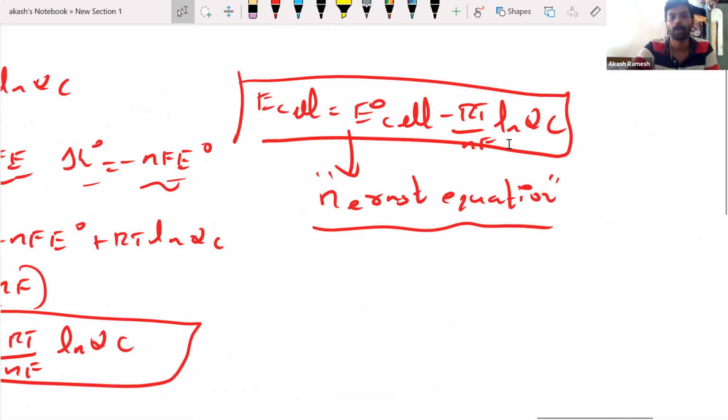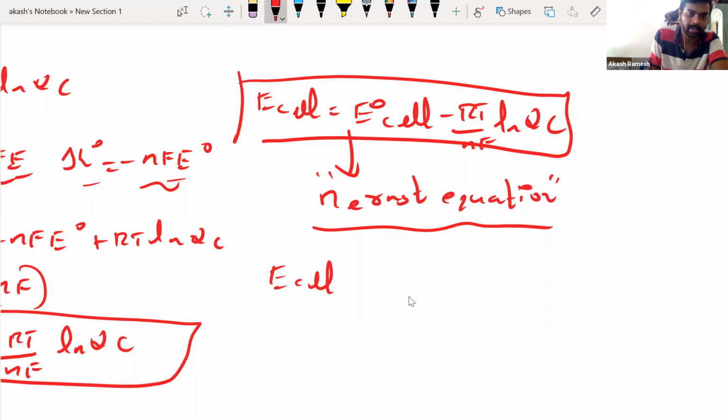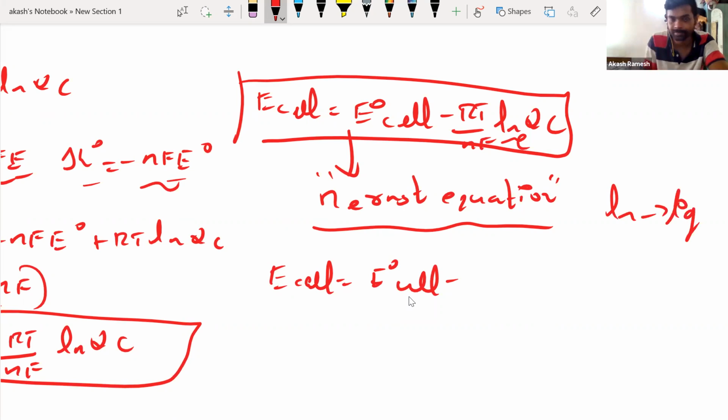Like, we actually can modify this equation a little more. I can write E cell is equal to E naught cell minus... Now, if I don't want to use natural logarithms, this is log to the base e, and we convert it to log to the base 10. So what do we do generally to convert ln to log?